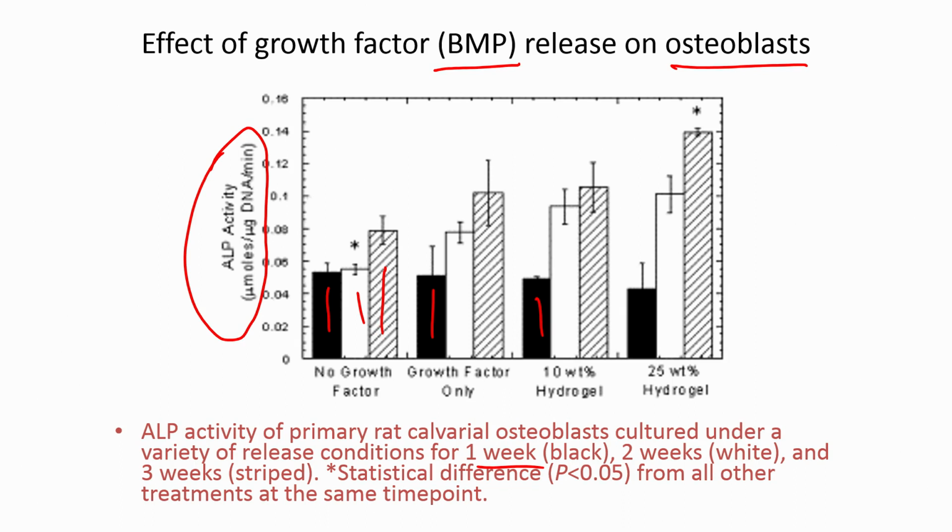What you can see is, you can have a hydrogel with no growth factor, or you can just have the cells in 2D, and you will have a certain amount of ALP activity as time progresses. So, a limited amount here. You can add just the growth factors to them, which is essentially BMP here, and this increases the bone formation a bit.